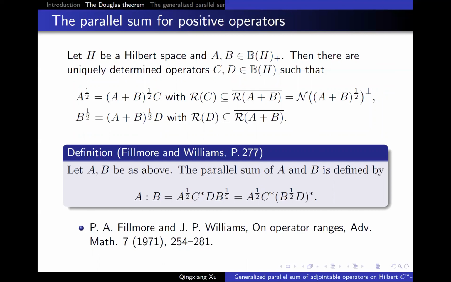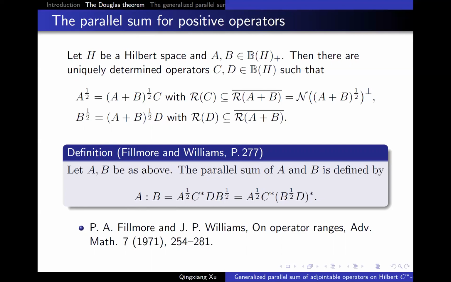With the introduction of C and D, Fillmore and Williams introduced the parallel sum in this way. And in the special case that the range of A plus B is closed, it can be shown that this parallel sum is exactly equal to the previous one I have mentioned for matrices. So this is the framework of Fillmore and Williams.